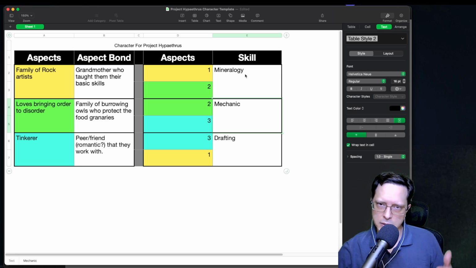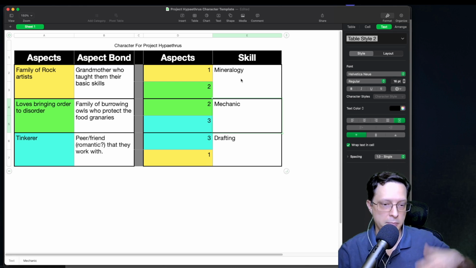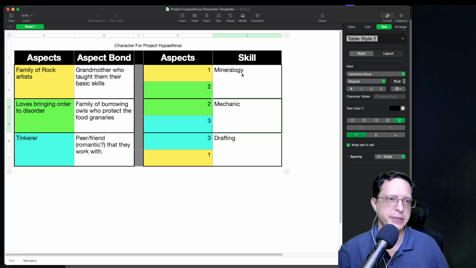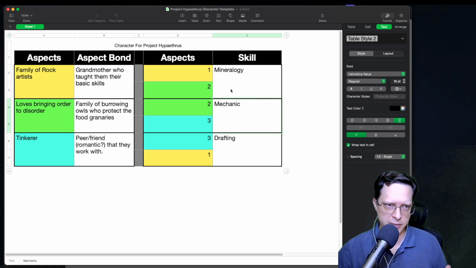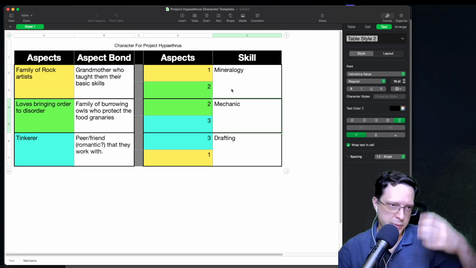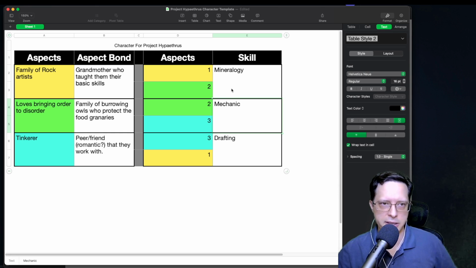So I'm thinking a lot of use of minerals, materials, a lot of experience with material science, and especially focusing on natural materials or metals and crystals and things like that. So yeah, that would probably be a very important skill that they would have developed because of that relationship between their own personality traits and also skills that they were taught by the grandmother.